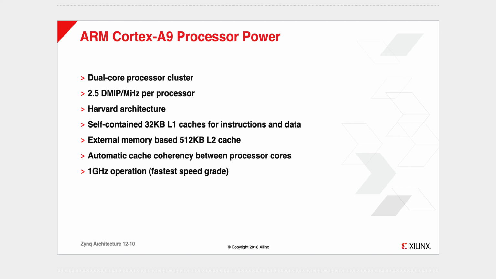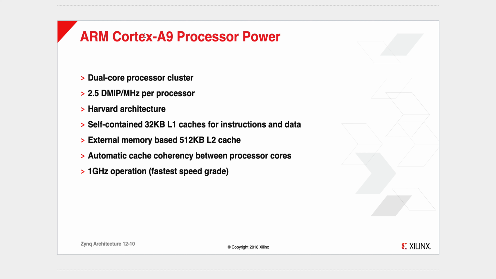And we have the Harvard architecture, and when you hear about Harvard, think about the separate instruction and data memory, so that we can access data and instructions simultaneously at the same time. All these are done to increase the efficiency and performance of the processor.